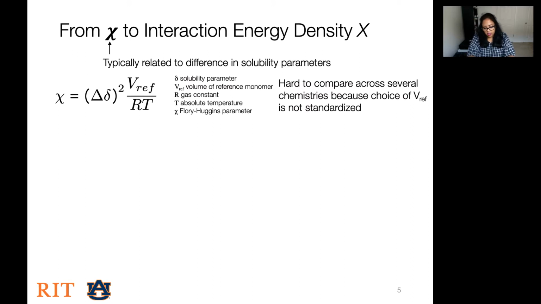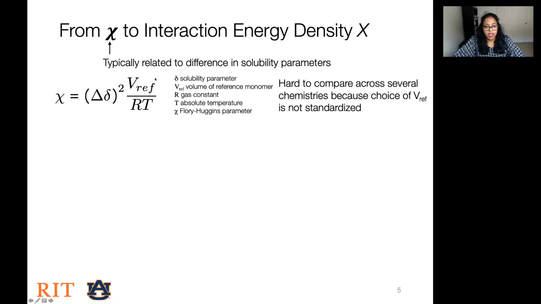Before we talk just about chi values, we want to translate this to something more convenient to look at, the energy density. Typically the Flory-Huggins parameter in experiments can be estimated in a variety of ways. One way is to look at the solubility parameter: the square of the difference in the solubility parameter is proportional to the Flory-Huggins parameter.